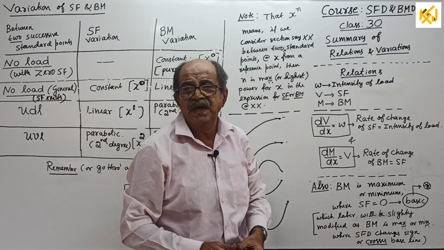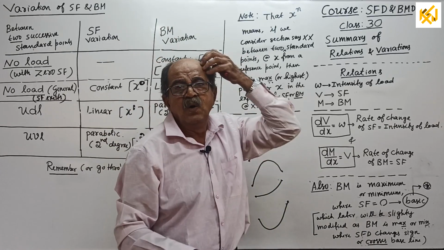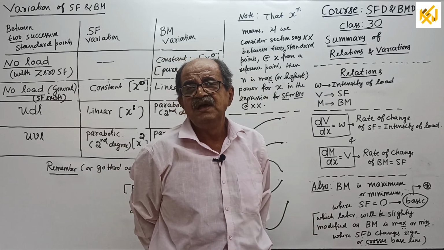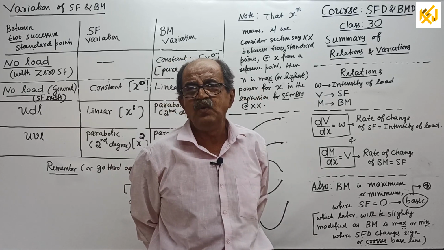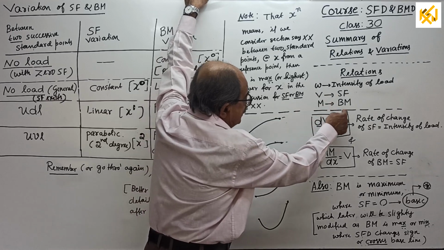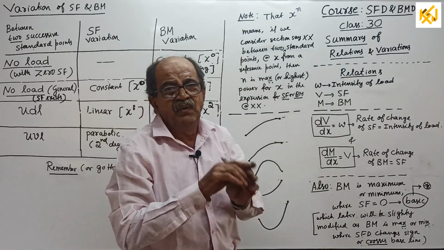These are all based on mathematical knowledge of the equation. But here that is not required, because the relations dV by dx equal to w, and dM by dx equal to V will clear everything.